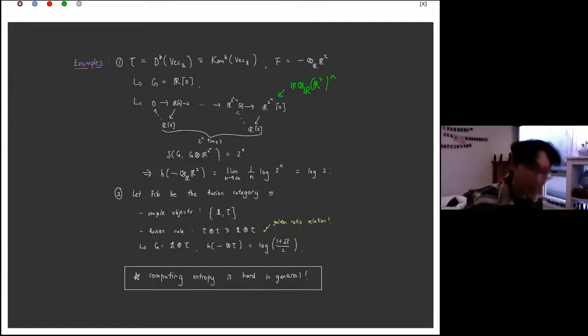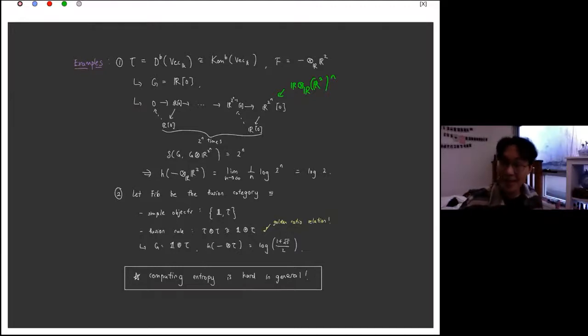So since I tried to look through some of the talks, and I saw that someone is going to talk about fusion categories, maybe it will be a good idea for me to also give you an example which actually involves such a thing. So I'll denote the fusion category Fib. If you don't know what a fusion category is, all I'm going to tell you is that it's a semi-simple category, and there are only two simple objects: one of them is 1, which is the tensor unit, and the other one is this object tau, which you should think of as a categorified version of the golden ratio.